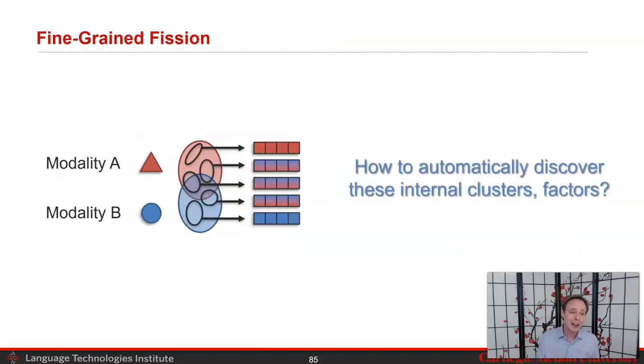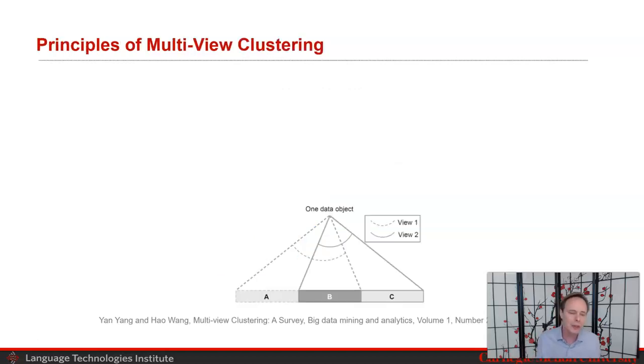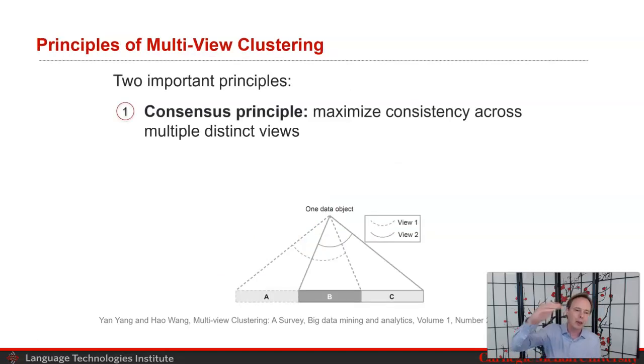So fine-grain fission is now going a step further and saying, how do I automatically discover those internal clusters, or ways the information can be factorized? And one approach, I just have time to share one of these, would be, for example, multi-view clustering in computer vision and other areas, including multimodal, where you're learning to partition your views into different sources of diversity, and so factorization will be one. Multi-view clustering is interesting because it brings two concepts.